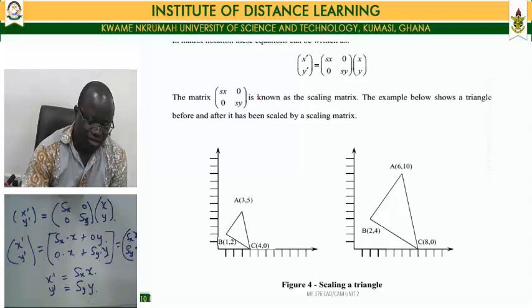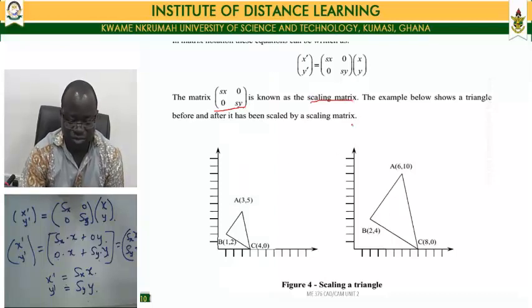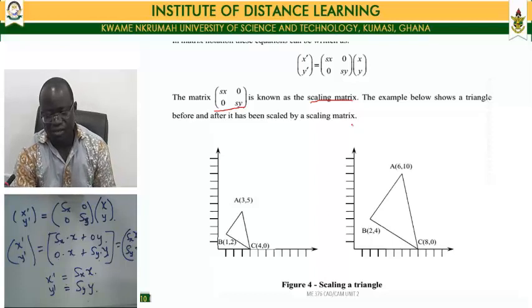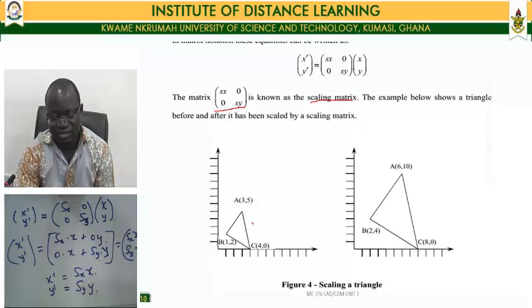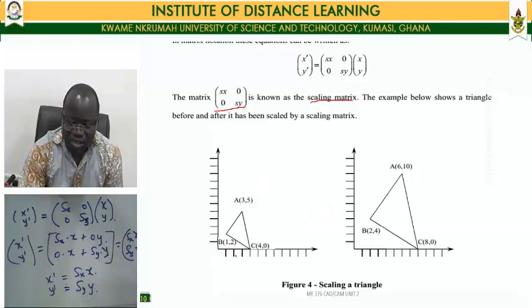Now, we can use this example below to illustrate that. Suppose we have a triangle ABC with point coordinates 3, 5, 1, 2, 4, 0, and we transform this by scaling to the new coordinates of ABC.